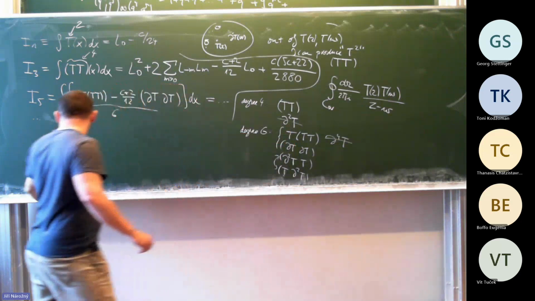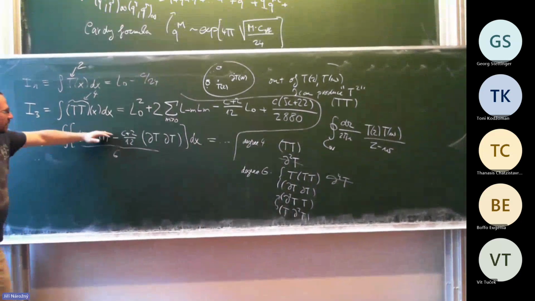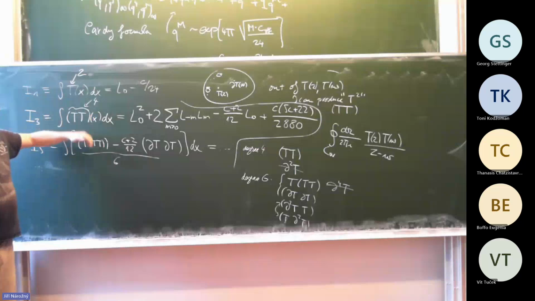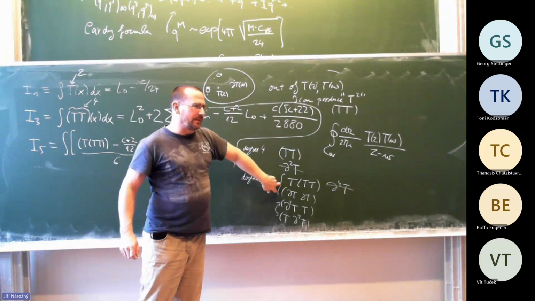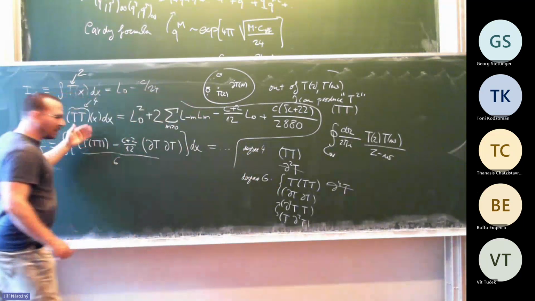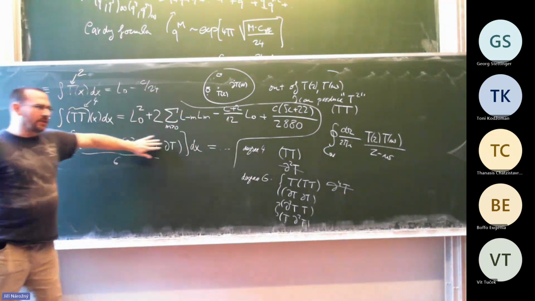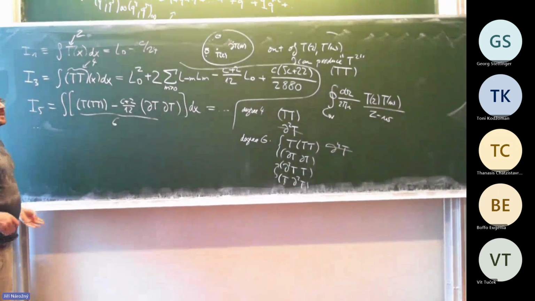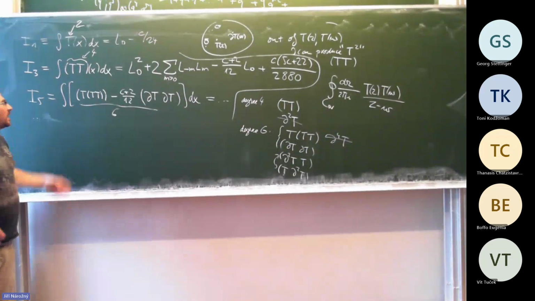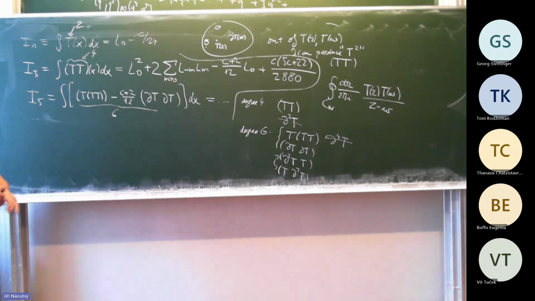And then if you require such a thing to commute with this one, then this uniquely determines the relative coefficient between them. So up to normalization, there is a unique choice in dimension 6 that commutes with both I1 and I3. And I heard from some mathematicians that this still has not been proven.